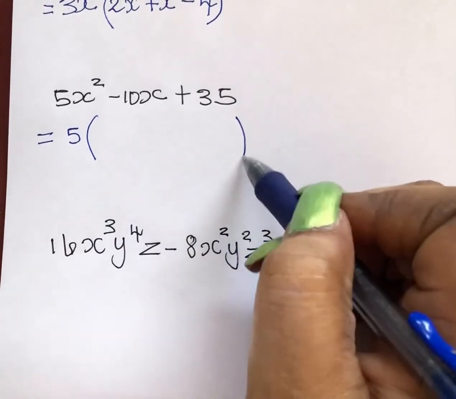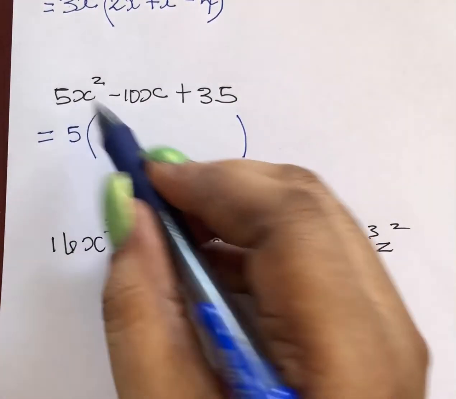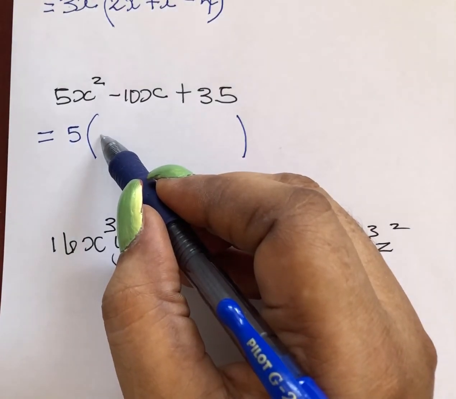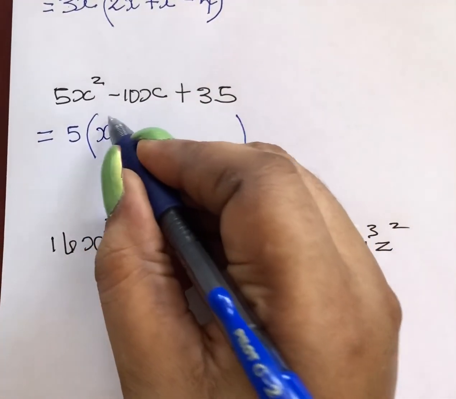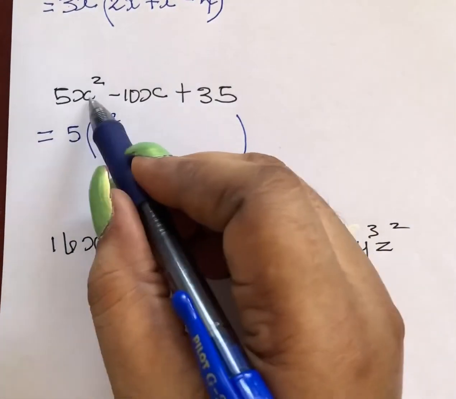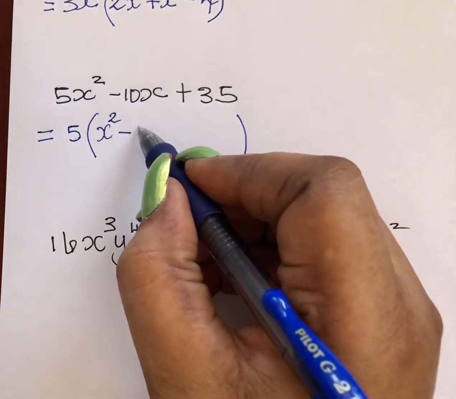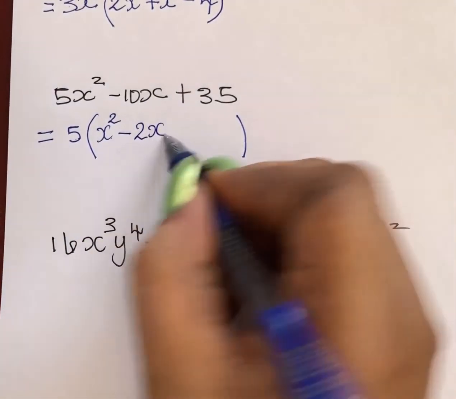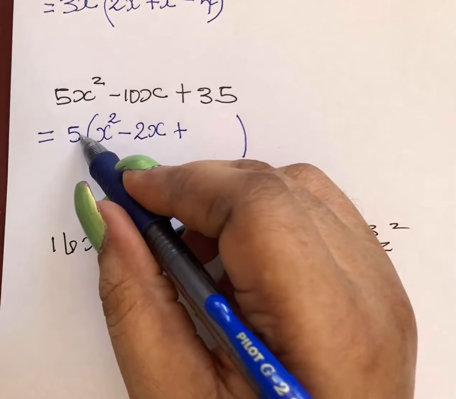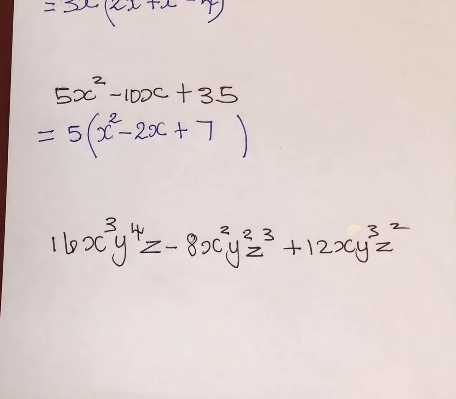So the only common factor will be 5. 5 goes into itself once. We do not put the 1. We take our x squared, so that when we multiply 5 by x squared, we will get back 5x squared. 5 goes into 10 exactly 2 times, and we have our x. And 5 goes into 35 exactly 7 times.